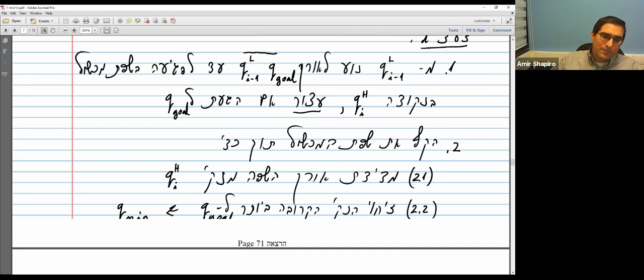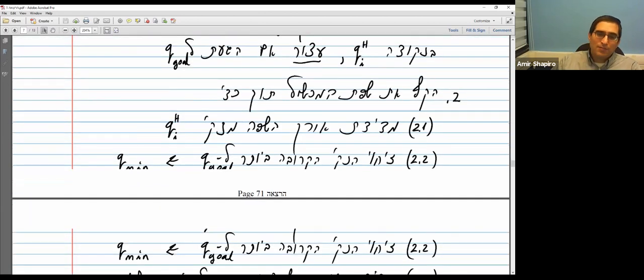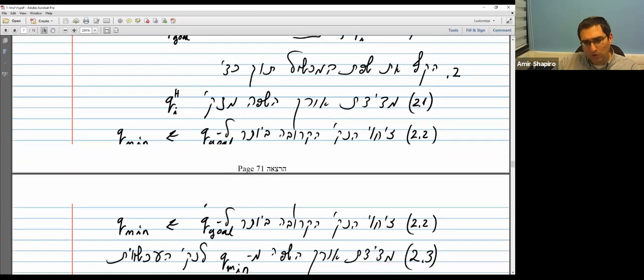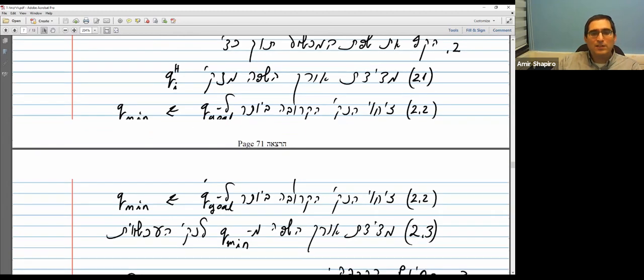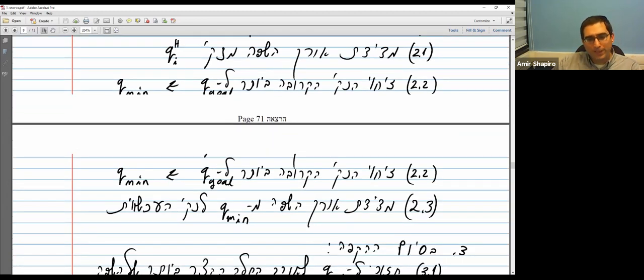And you save the closest point to the goal. If this is the closest point, you save it as Q min. If not, then you don't save it. You continue to go. And also you measure the distance that you travel from the Q min that you measured to the current point.